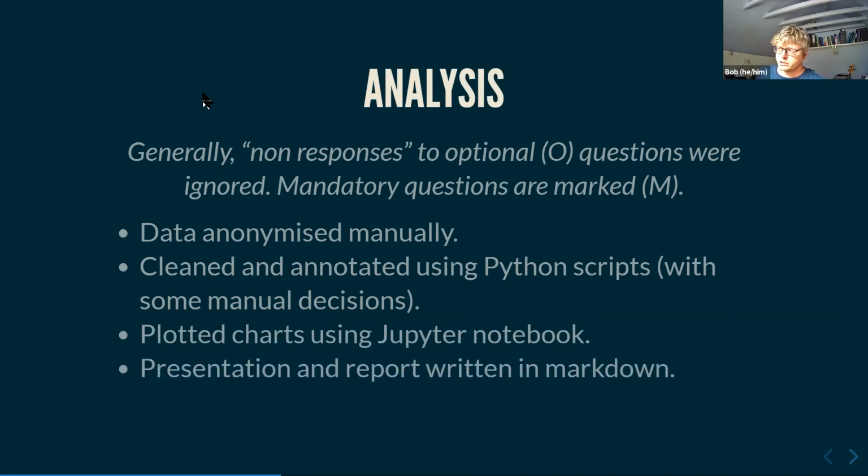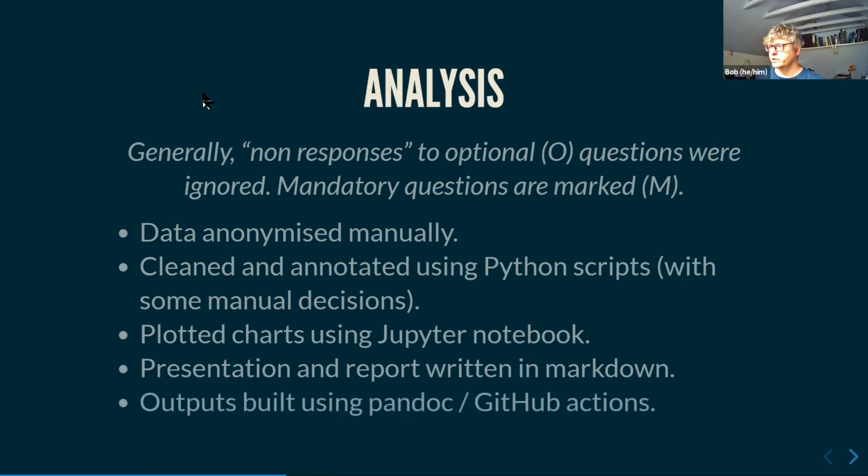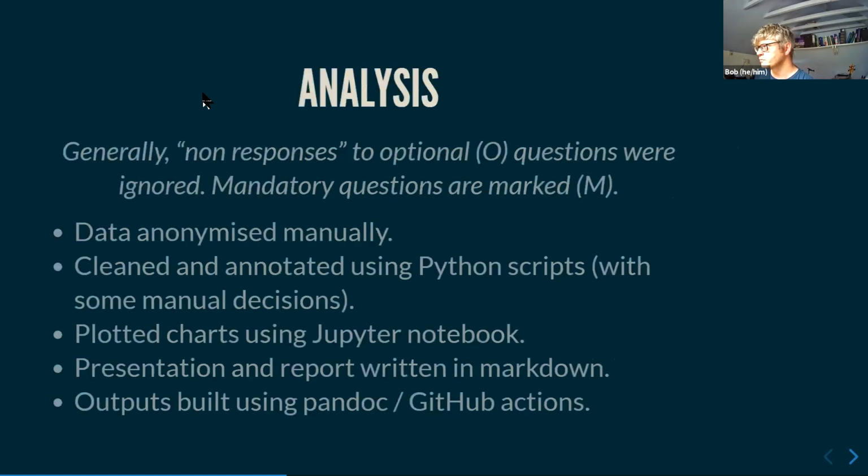This presentation and the report, which is work in progress, are written in Markdown. And these outputs are built using Pandoc and GitHub Actions, so every time I push commits to the repository on GitHub, it rebuilds. So hopefully this is reasonably good practice for dealing with the data and doing the analysis.